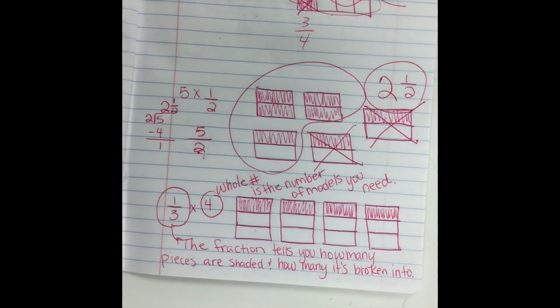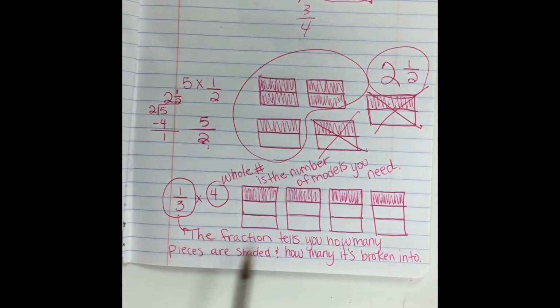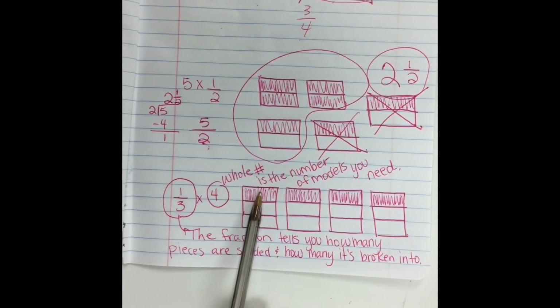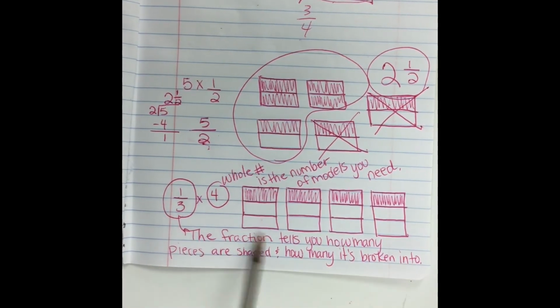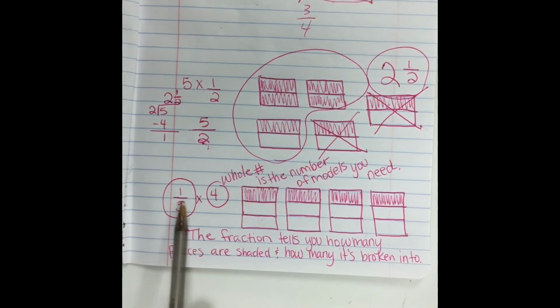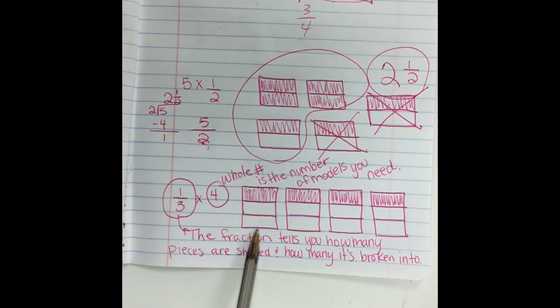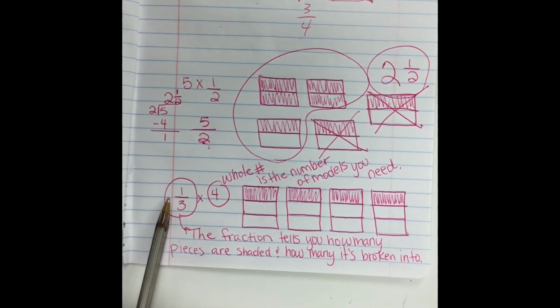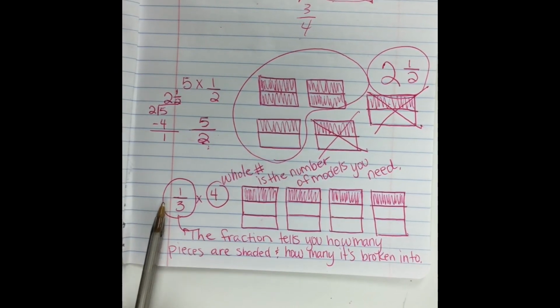Okay, so I kind of wrote that a little bit backwards, but the fraction tells you how many pieces are shaded and how many pieces it's broken into. So 1 out of 3, which means I need my model to have 3 sections, 1, 2, 3, and I'm going to shade 1. Okay, hope that makes sense.